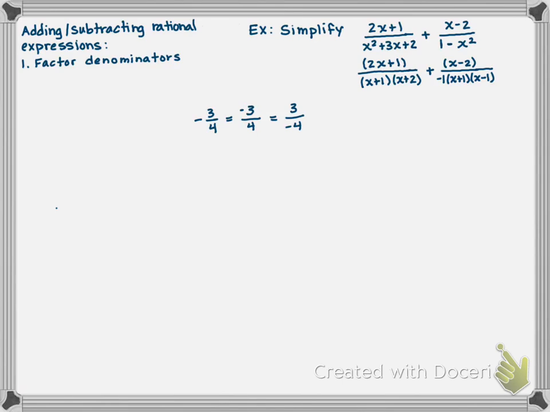So we're going to take this guy and move him up. And we can just move the negative sign, but a factor of 1 doesn't do anything anyway, so it doesn't really matter if we take it with us or not. So now I'm ready to get common denominators.